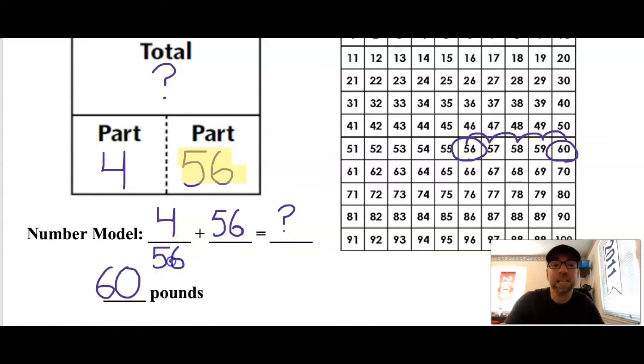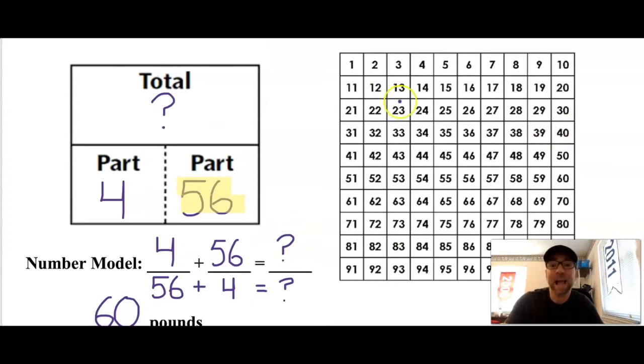Now, I can start at 56 because the turnaround fact always works in addition. So I was thinking of this problem as 56 plus 4. Imagine if I started with the number 4. Let's just do that for fun. Let's start at the number 4 and let's count up 56.